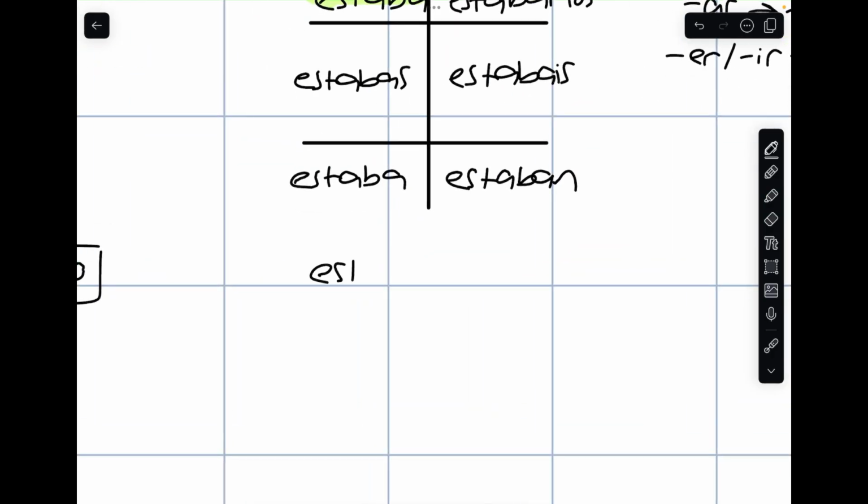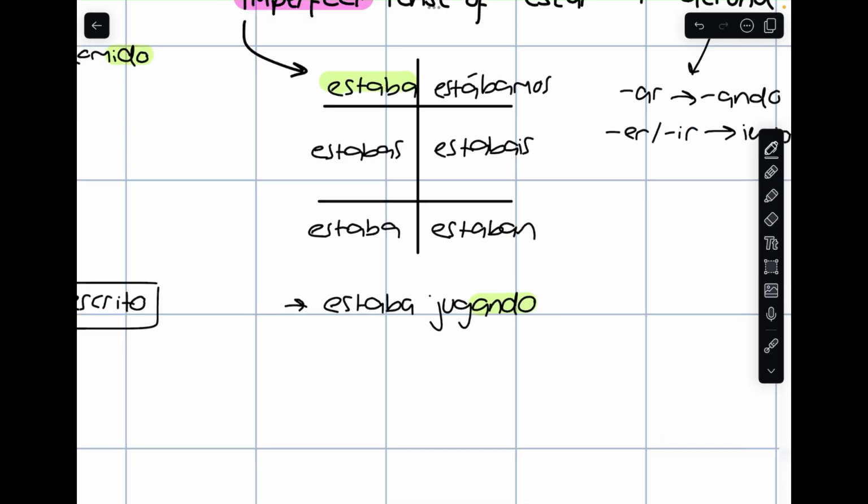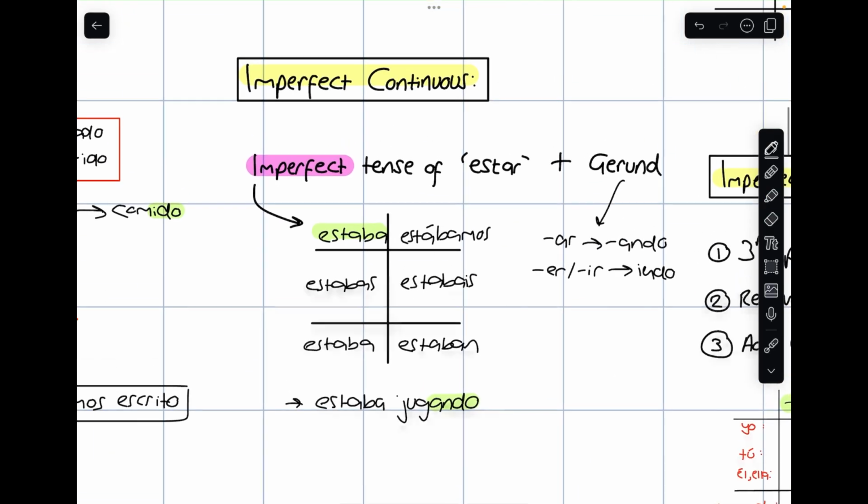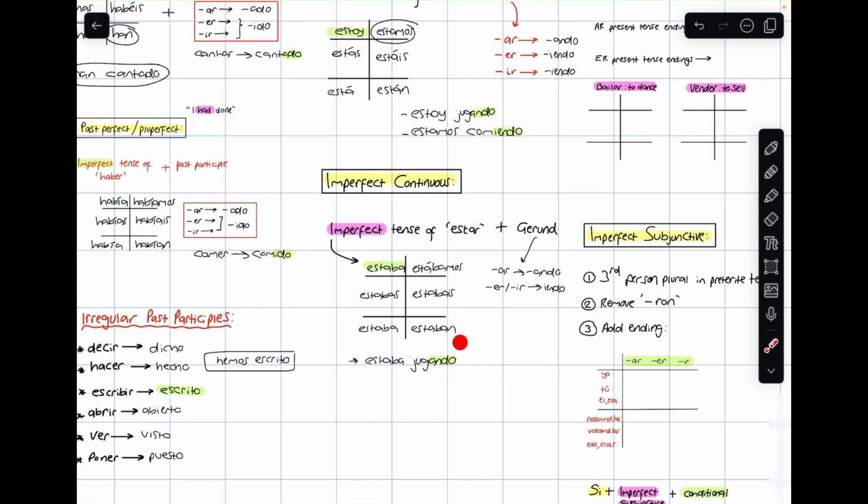So we'd have estaba jugando. Because jugar is an AR verb, and we take off the ending and add on ando. Estaba jugando. And that is a quick review of the imperfect continuous. So very similar to the present continuous, except we're saying what was happening rather than what is happening.